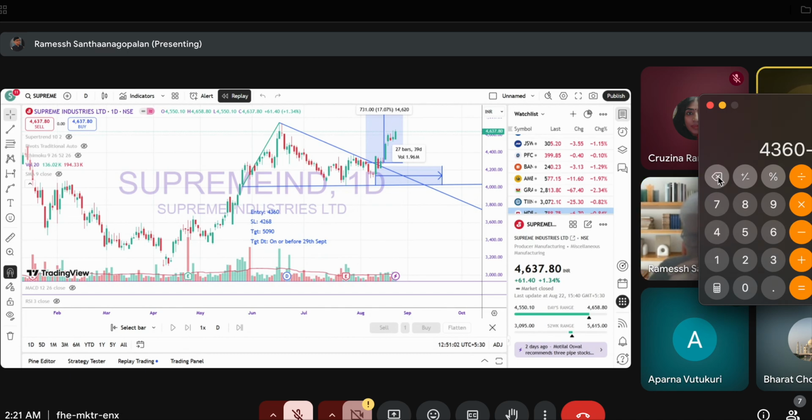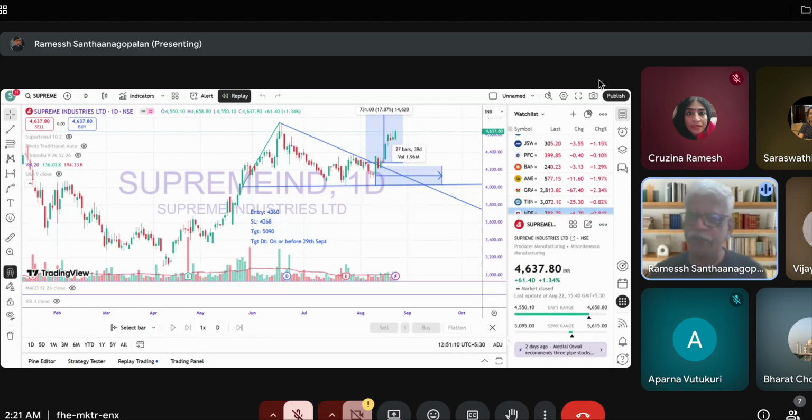So 92 rupees we are losing. If it hits the stop loss, per share you are going to lose 92 rupees. Forget about how much amount you have to invest. You may have 10 lakhs, 50 lakhs, or 1 crore. Don't bother. 92 rupees per share you are going to lose in this particular trade.